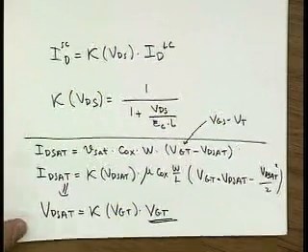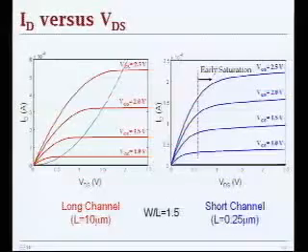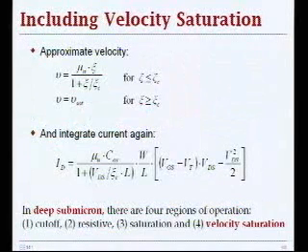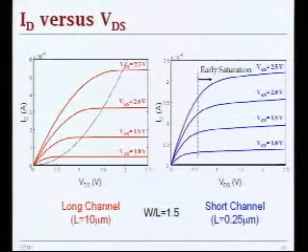Okay, so going back to slides, please. Thank you. So in this deep submicron, there are really 4 regions of operation. You have cutoff, you have resistive, then you have saturation, and you also have velocity saturation. In order to develop models for hand analysis, it's good to have some simplistic assumptions so that we can get a handle on equations.